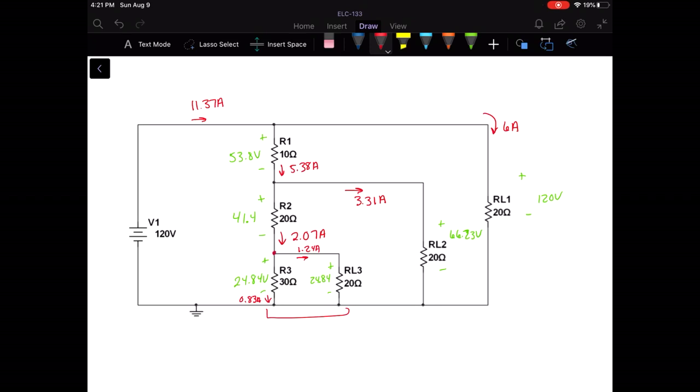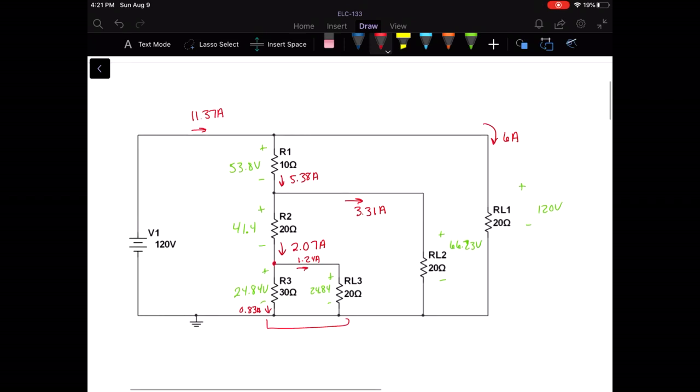Now the reason I wanted to do this was, remember what we had before: we had our 120 volts here, we had 100 volts here, and we had our 60 volts here for our divider. Now what we actually have, because I'm going to cross these out, is we still have the 120 volts here, right? Because it's still in parallel with the source.